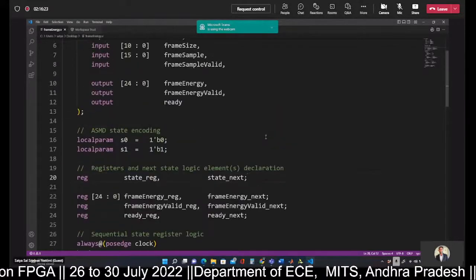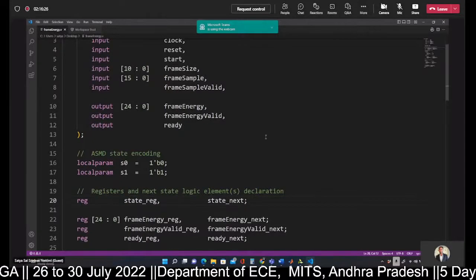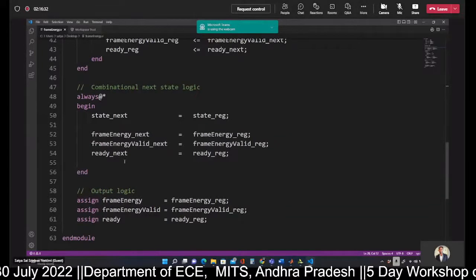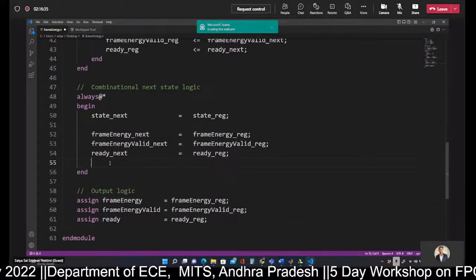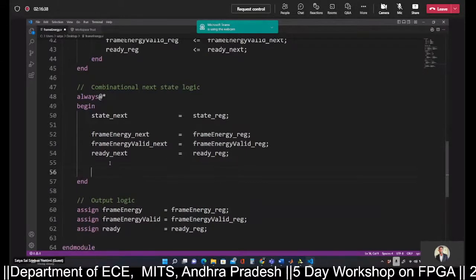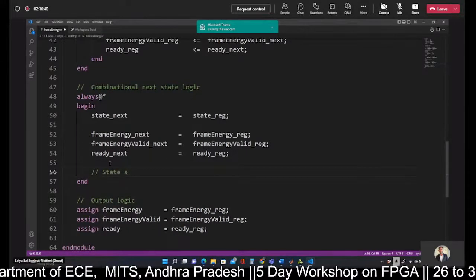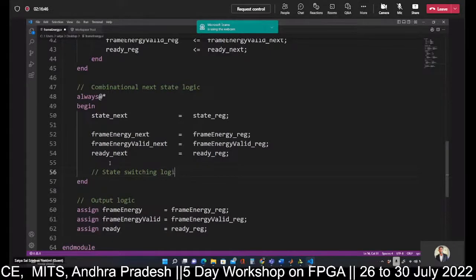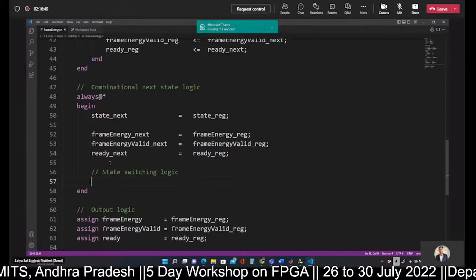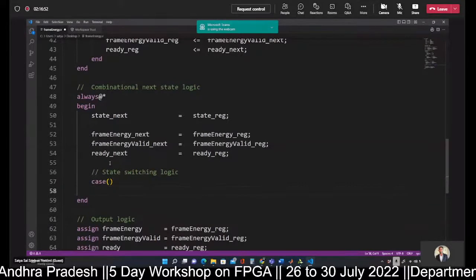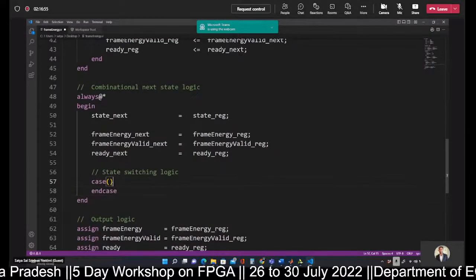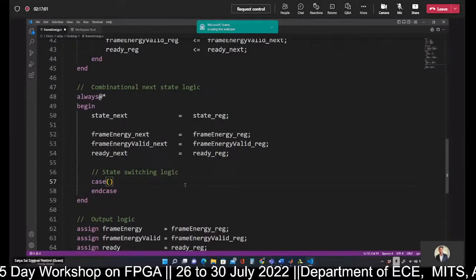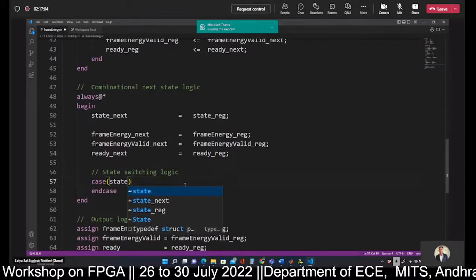So next, what we need to do, we will go to the combinational next state logic. Here we have to define the state switching conditions, how the states need to switch. Actual logic we have to write here. So for this, I'm using a case statement, and the case we are going to look at is the state_reg variable, that state register.